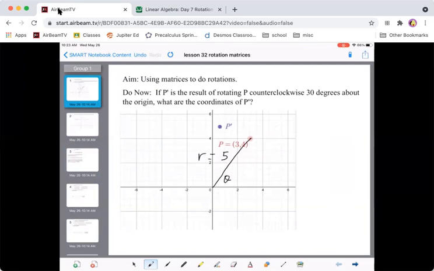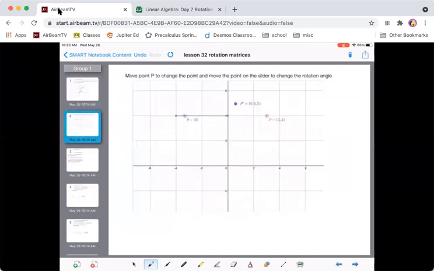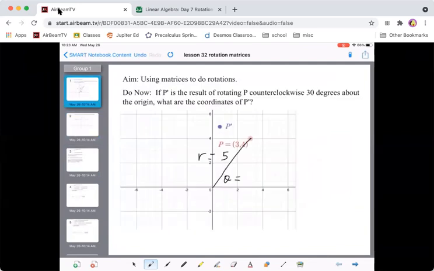And the theta value is tan inverse of 4/3, which ends up becoming about 53.13 degrees. So this point (3, 4) could also be thought of as (5 cosine 53.13 degrees, 5 sine 53.13 degrees).